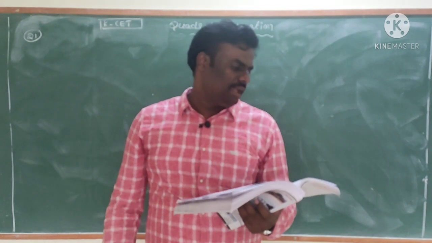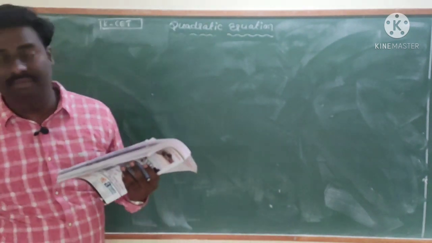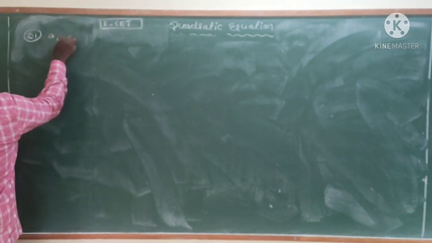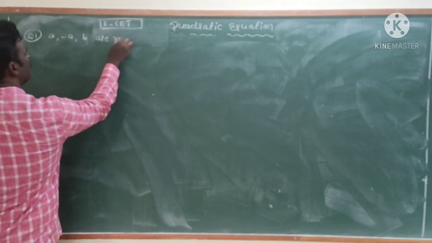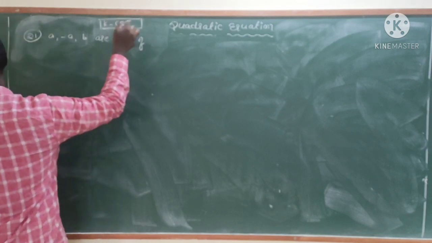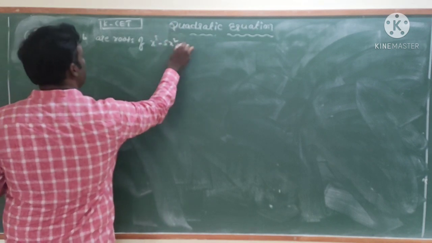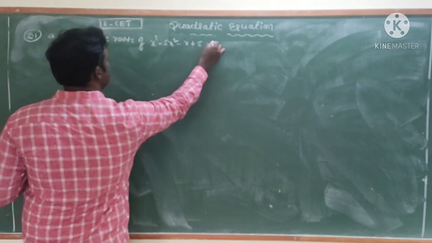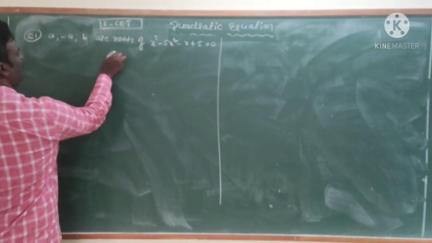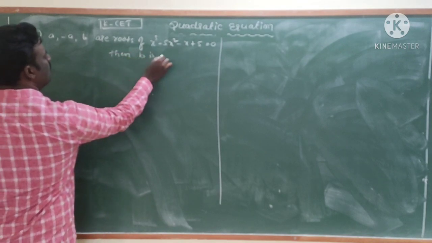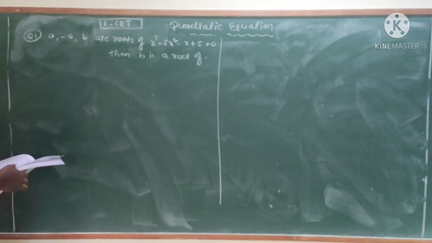If a, minus a, comma, b are roots of the quadratic equation x cube minus 5x square minus x plus 5 equals 0, then b is a root of which equation?